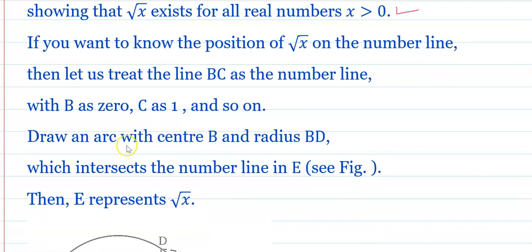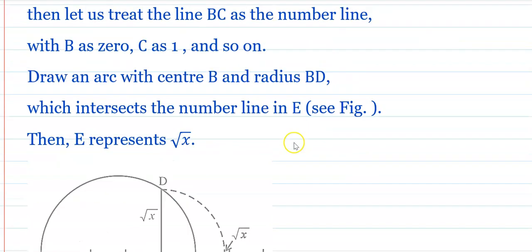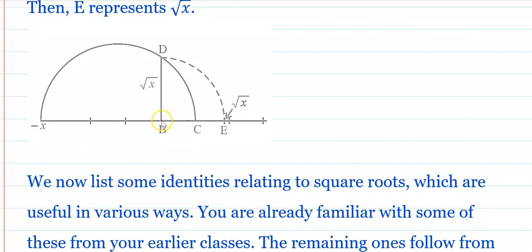Draw an arc with center B and radius BD. This as origin, BD as radius, and if we draw this curve, then this distance is nothing but the root x, which is on the number line. And what about here? This distance is minus x, as we treat this as the origin and this as 1.